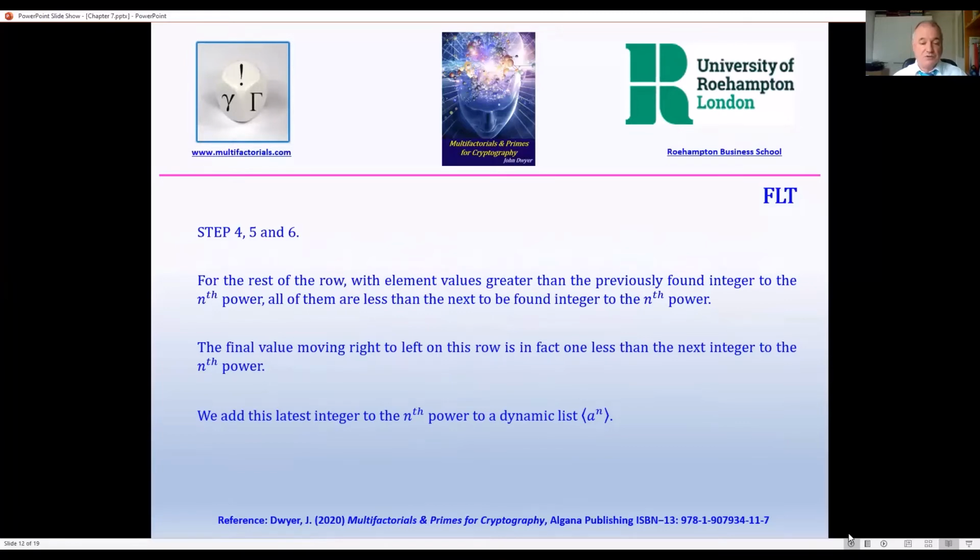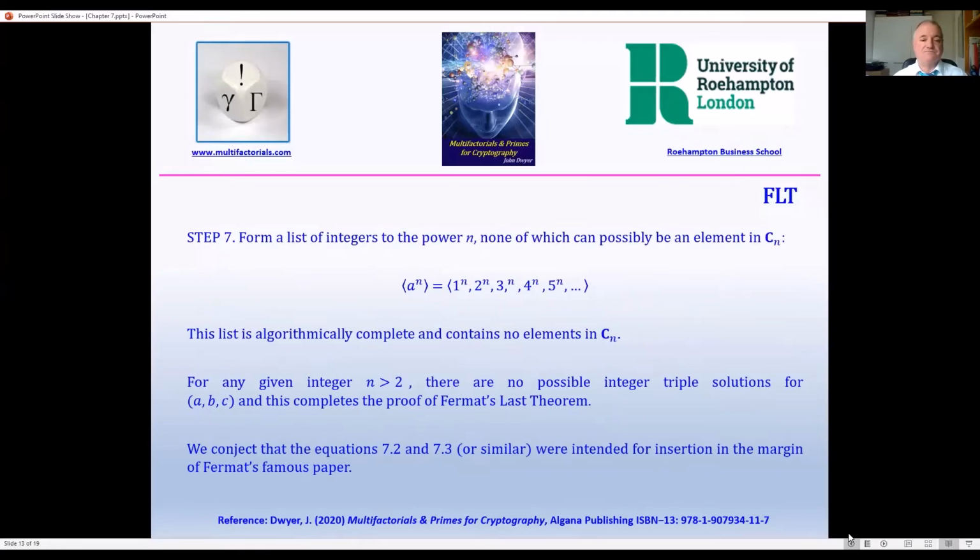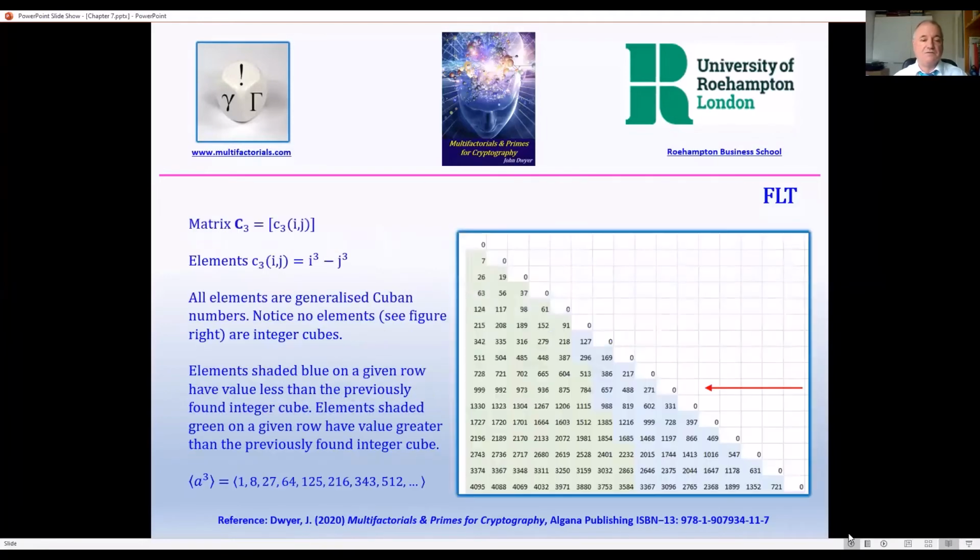The values that we do add to a dynamic list are the last elements in each row plus 1. And those are the integers to the power n. And there we are. Example, C3, n equal to 3.